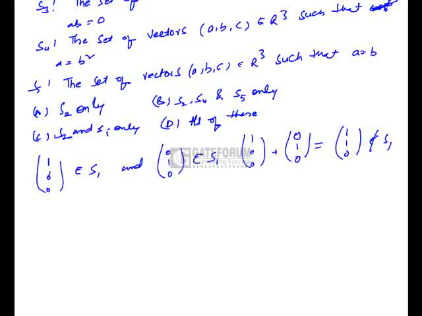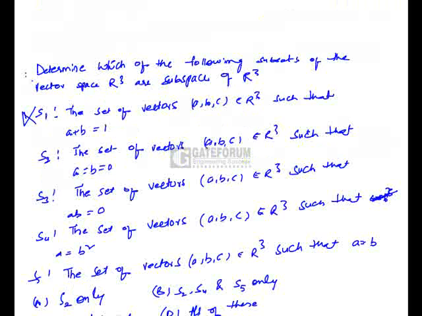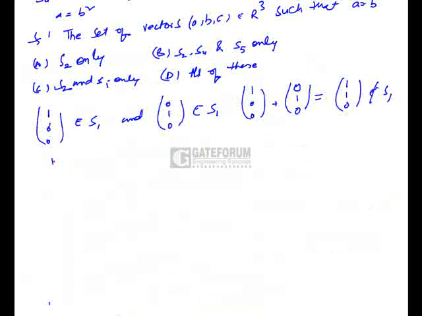So we can eliminate S1. Now let us check with S3. Now let us take an example for S3. 1 0 0, it belongs to S3, and 0 1 0, this also belongs to S3.